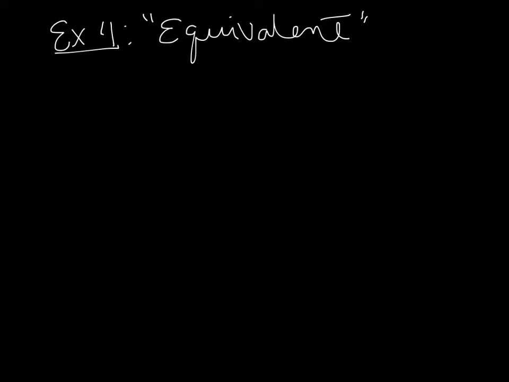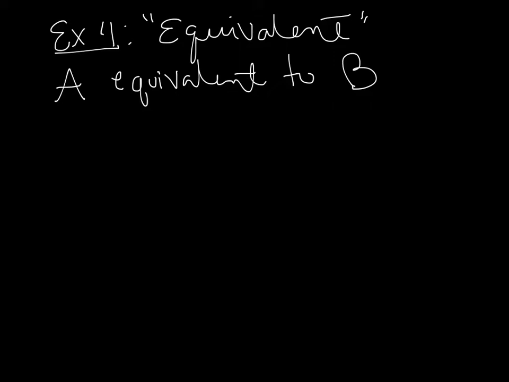And we know set A, right? It's in words. Set A is equivalent to set B means that A and B contain the same number of elements. So this is true, right?